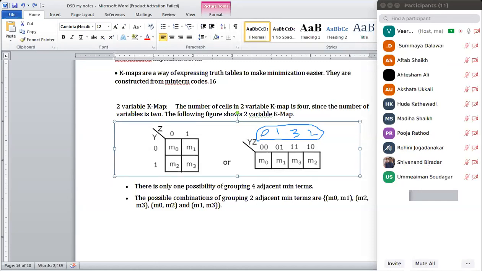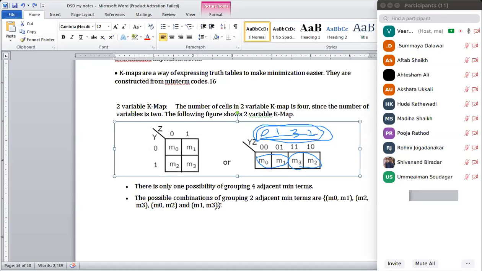Okay, fine. Now what I'm asking is, I have three combinations here. Out of these three combinations, I am going to make two groups. Each group will have two combinations. So for which combinations I have to go for which group, either I can go for M0 M1 as one group and M2 M3 as one group, or else M0 M2 as one group and M1 M3 as one group.